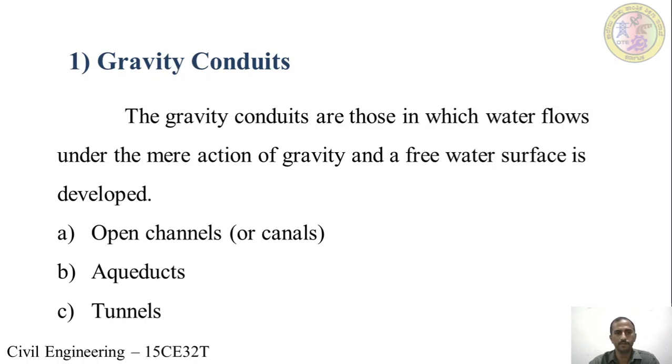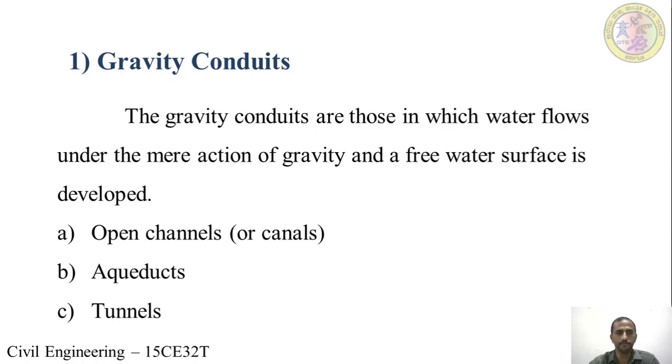The problem with these gravity conduits is that they take a longer route to reach from intake to the treatment plant because they require a uniformly falling gradient.